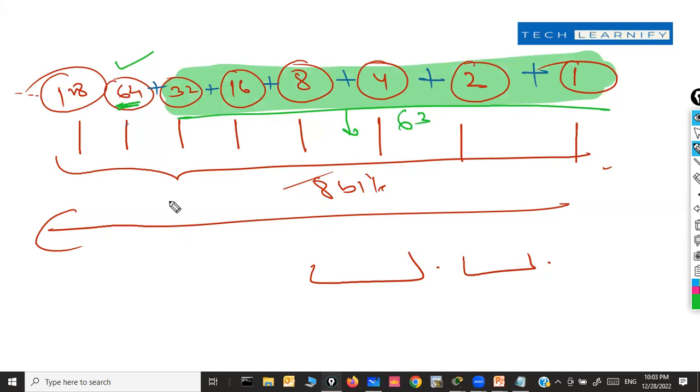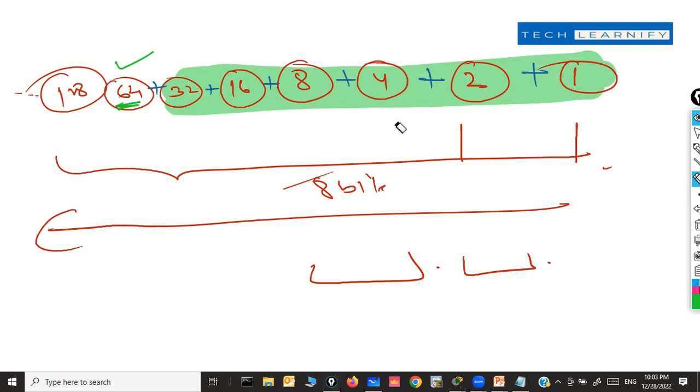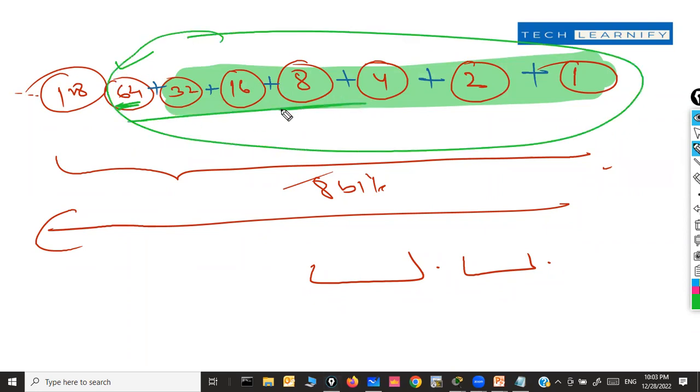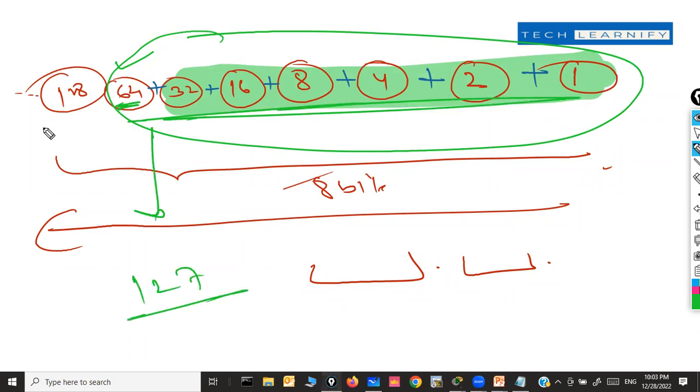That's another shortcut method. Sometimes we never even add. Just by looking at the number, we understand what the value would be. For example, if I have to add all this, the answer would be 127, and this one is 128. So if we add both, then 255.